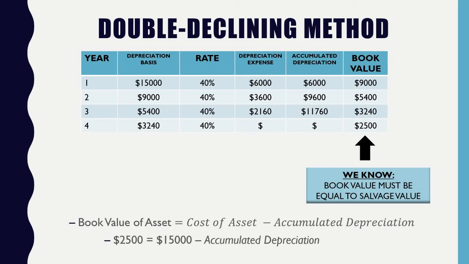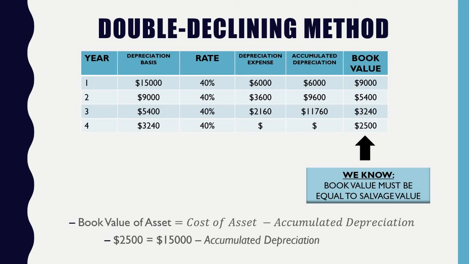I'm supposed to have a remainder of 2,500, so my depreciation expense must be adjusted accordingly. If I need to adjust my depreciation expense so that my book value equals my salvage value, how do I work backwards?